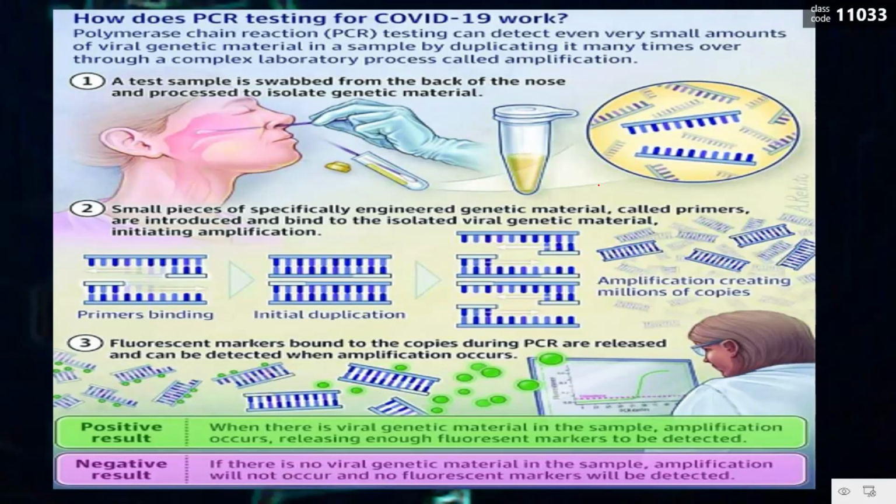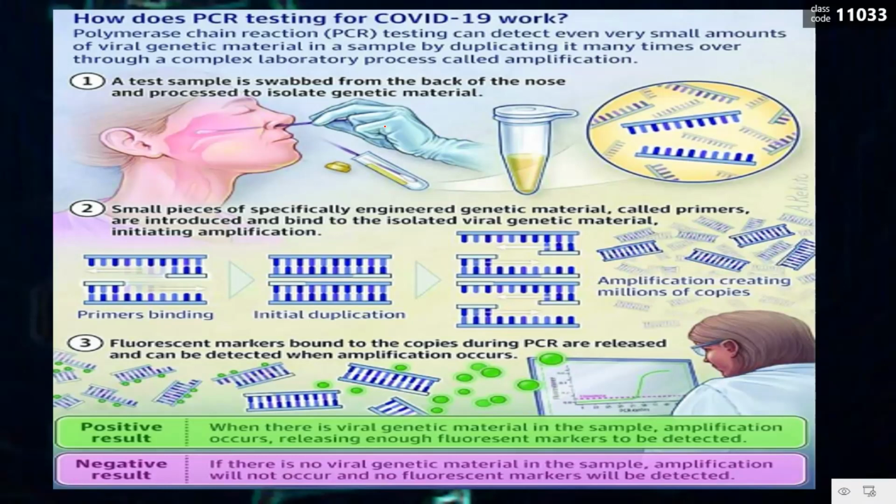Di ba? So may PCR because it needs a polymerase chain reaction. Di ba? From swabbing, so swab yan, medyo painful, di ba? Pag sinuswab tayo, konting sample lang yung makukuha dyan sa swabbing. But because of PCR testing, i-replicate yung nakuha doon sa swab test natin.